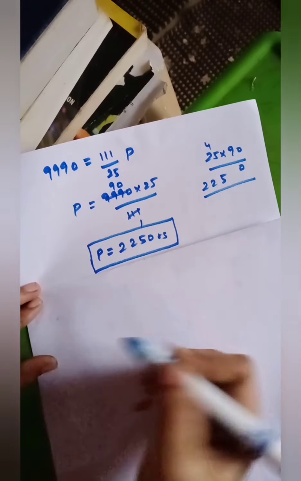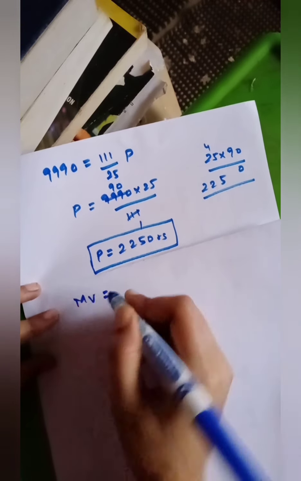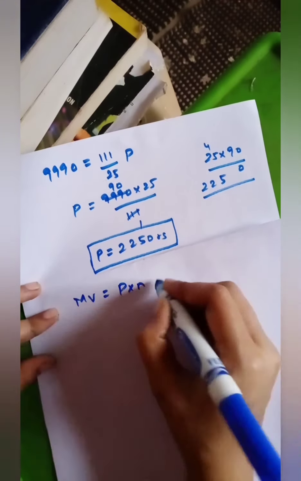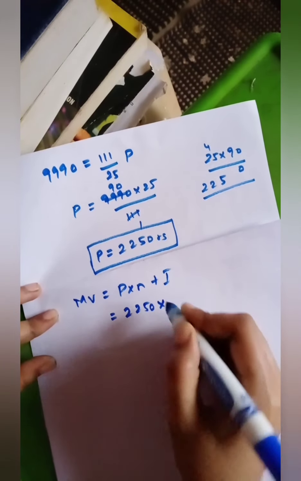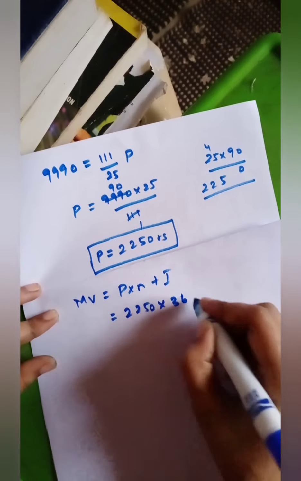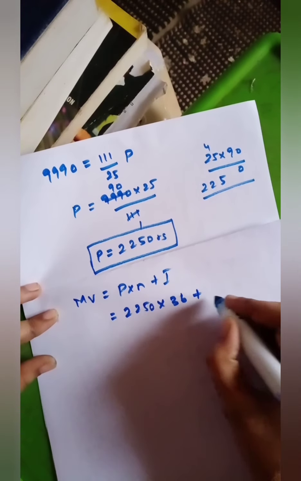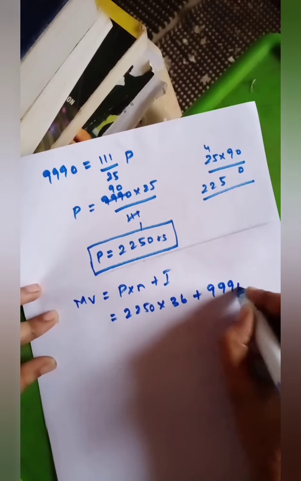We will go with the maturity value formula. Maturity value equal to P into n plus I. P is 2,250 and n equal to 36. And interest also given in the sum, that is 9,990.